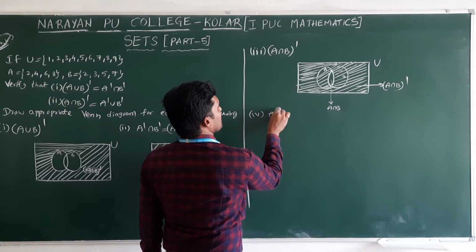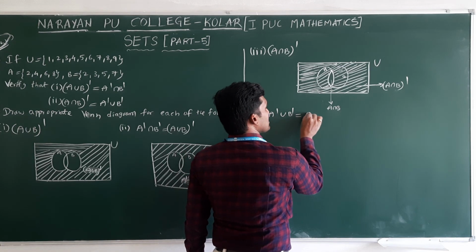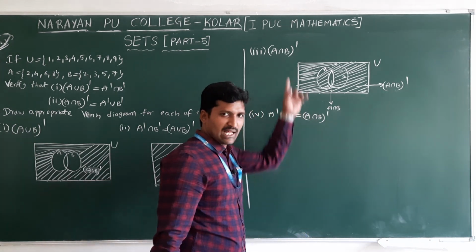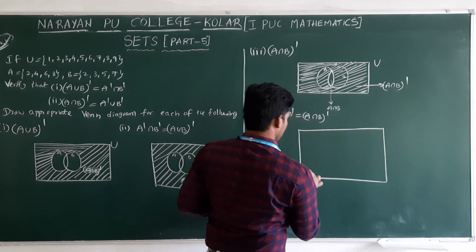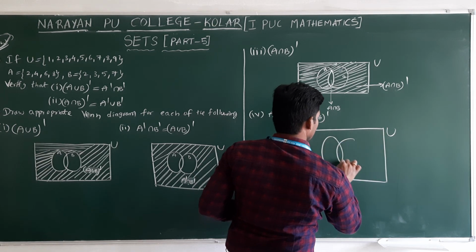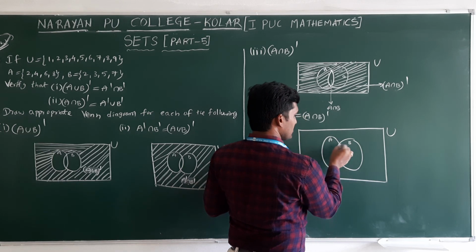Next, the fourth one, A dash union B dash. A dash union B dash is nothing but the whole complement of A intersection B, same diagram, except this.